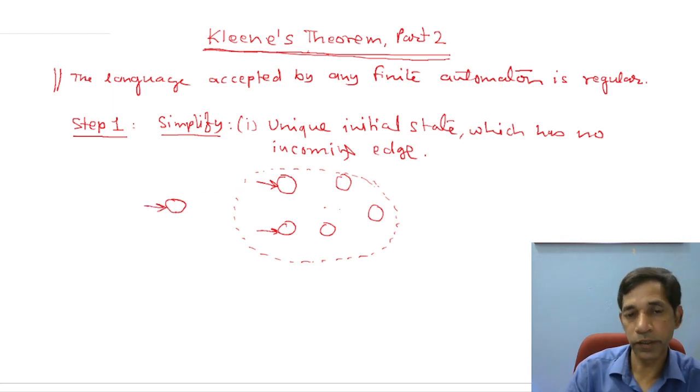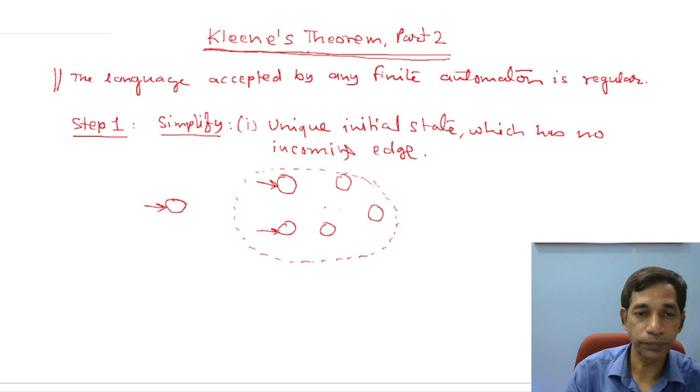Now this is the new initial state. So how can you go from this state to the old initial states? If you have more than one initial state, this means your machine can start from this state or from this state.